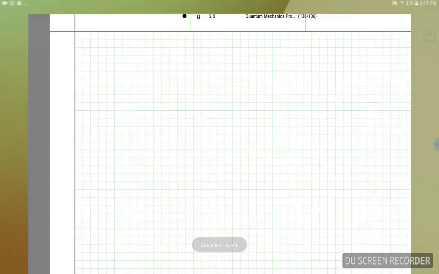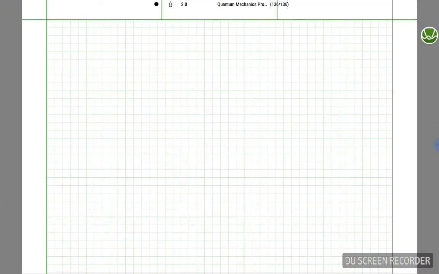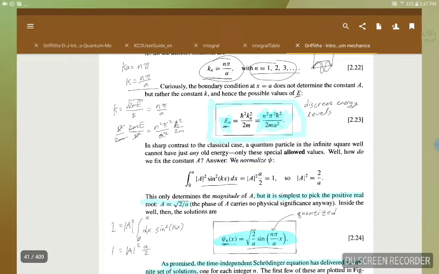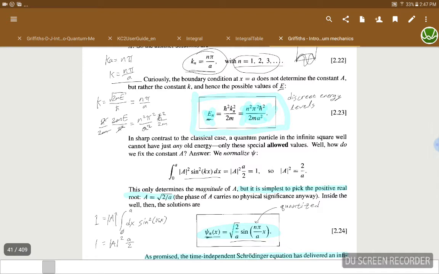So this is the quantization part, is that we have some psi n, some number of psi's corresponding to each one of those levels. So what we have is a cosine, what he had is a sine.